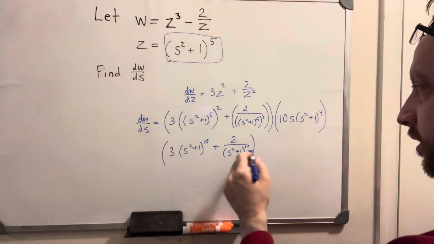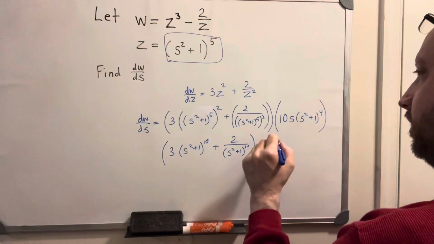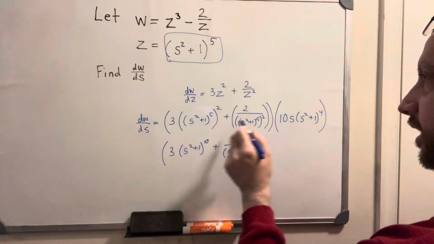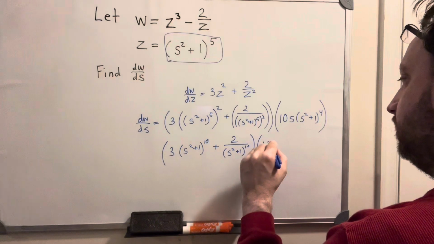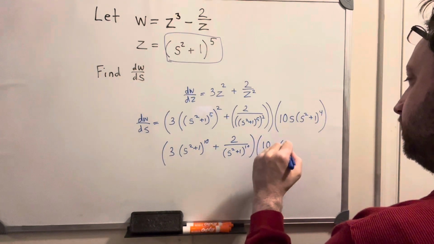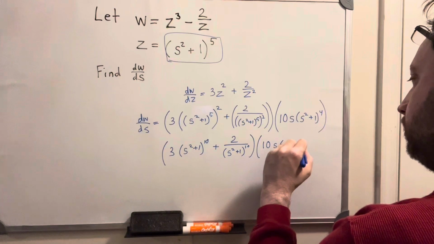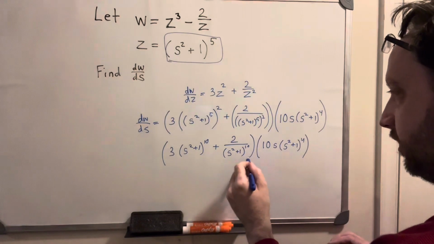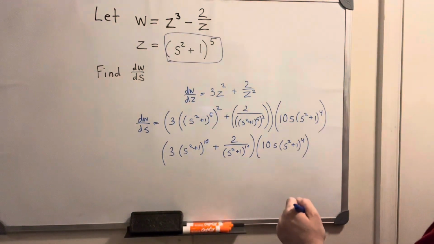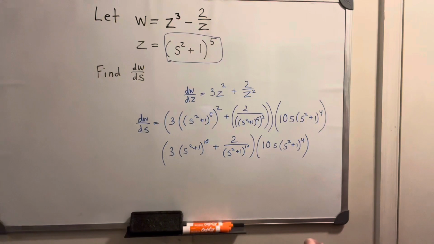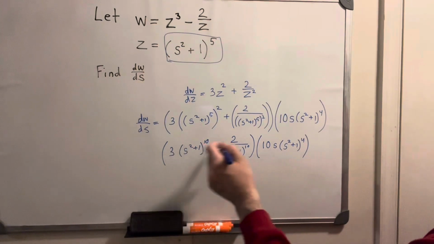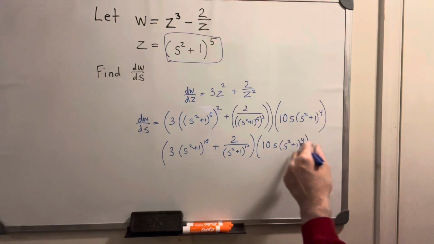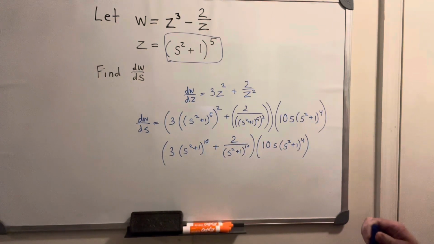So this is dw/dz. And then dz/ds is 10s times (s squared plus 1) to the fourth. I kept these large parentheses because this is a sum. There's a lot of s squared plus 1 in here. You could possibly make this a single fraction, factor out as many s squared plus 1s as you can, but I would leave it at that.